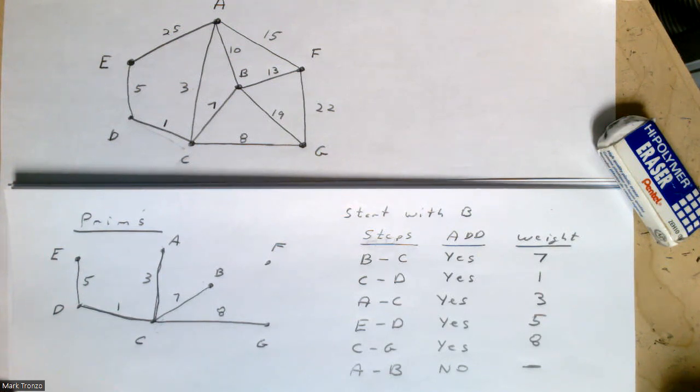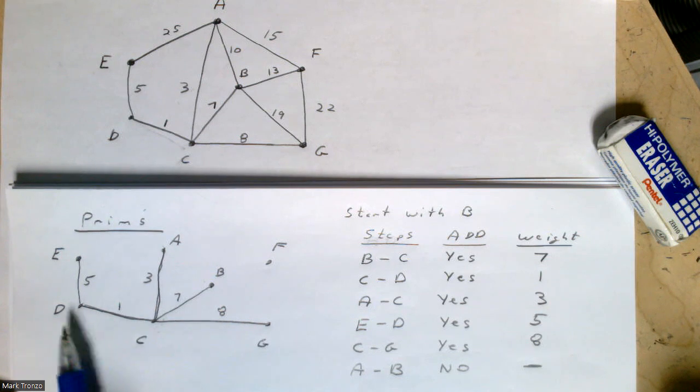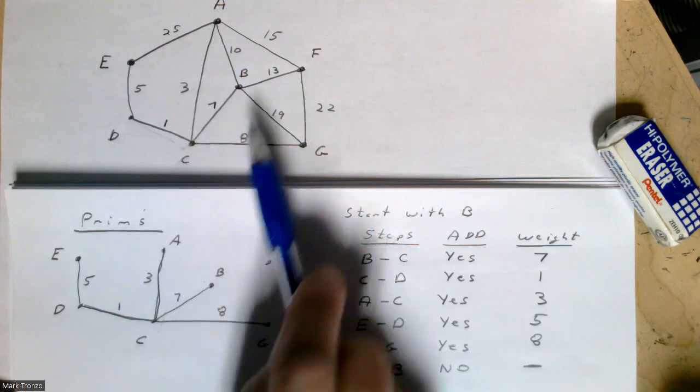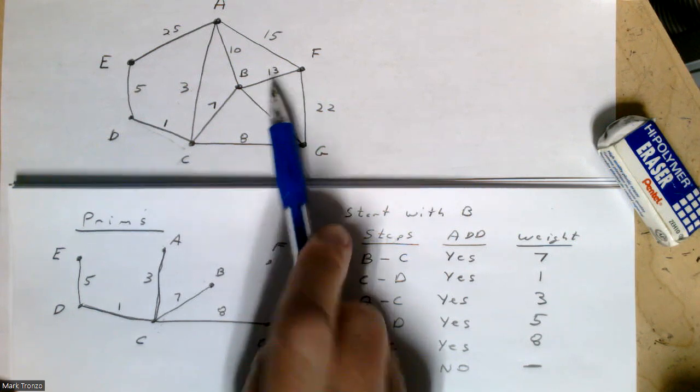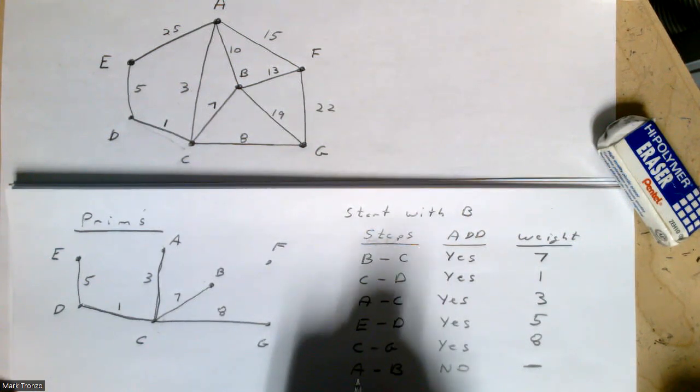So now what's the smallest one that's connected to A, B, C, D, E, or G? It looks like it's going to be this 13, huh? That's going to be the smallest one connected to any of those vertices.